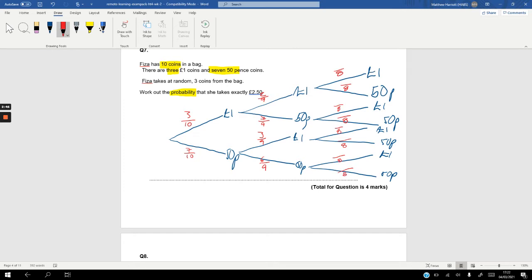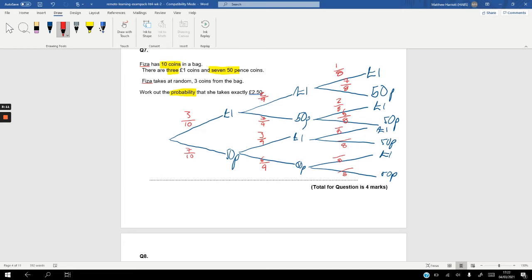So, here I've taken 2 £1 coins, so I only have 1 £1 coin left, and I will have 7 50 pences left. I've taken 1 £1 and 1 50p, so I'm going to have 2 £1 and 6 50p.